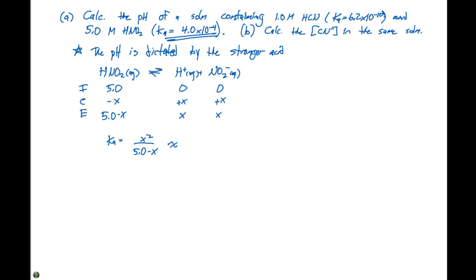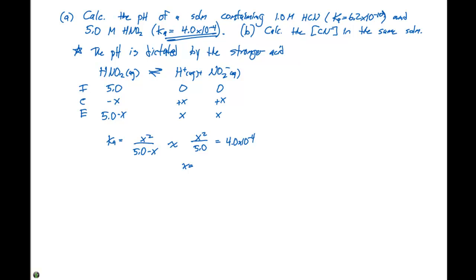And that approximation is we're going to assume that X is going to be much, much smaller than 5. If we do that, we can rewrite this expression as X squared divided by 5.0, which now, if we set this equal to the Ka, which is 4.0 times 10 to the minus 4, we don't need to use the quadratic equation here, which makes the math so much easier.